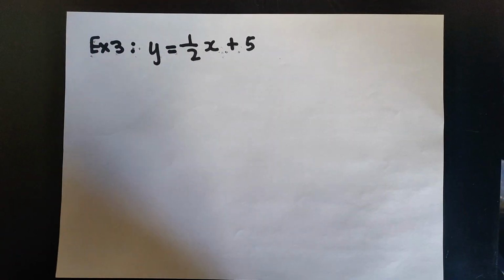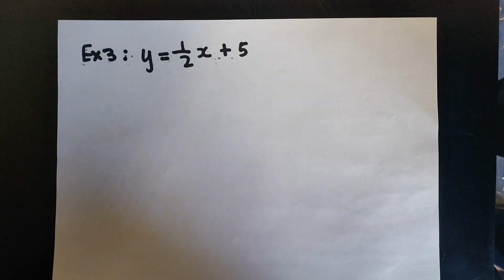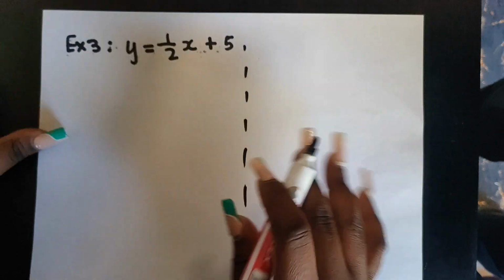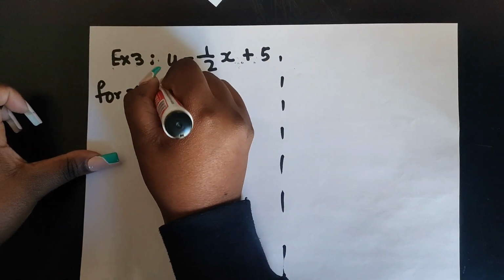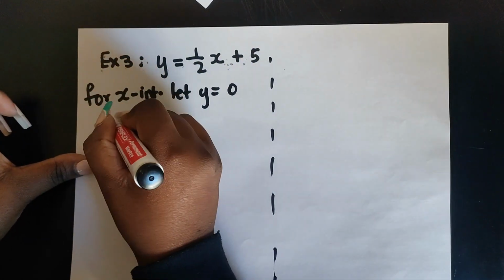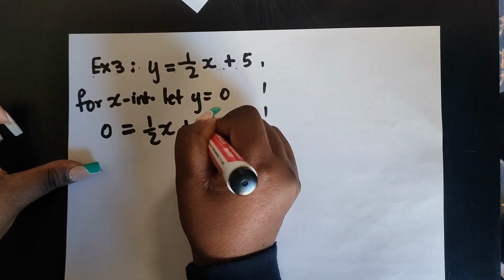Okay, so final example for this video, we have y is equal to 1 over 2x plus 5. Previously we said for x-intercept, let y be equal to 0. So 0 is equal to 1 over 2x plus 5.